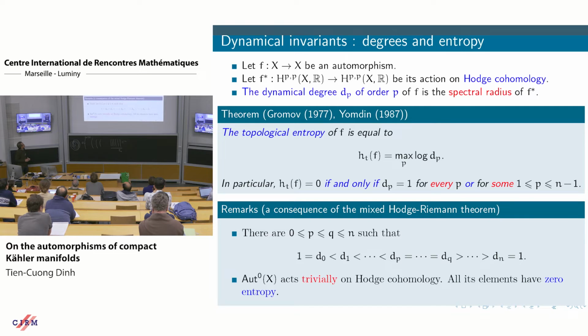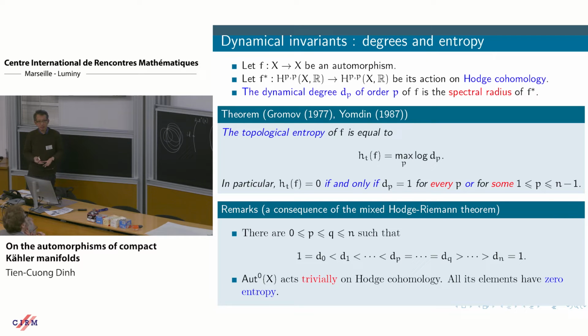When you have an automorphism f from X to X, then you have the action of f on cohomology, by Dolbeault forms, differential forms. And d_p, the dynamical degree of order p, is just the spectral radius of f star on H^{p,p}. So you have some square matrix, and you just consider the maximum of the absolute value of eigenvalues.